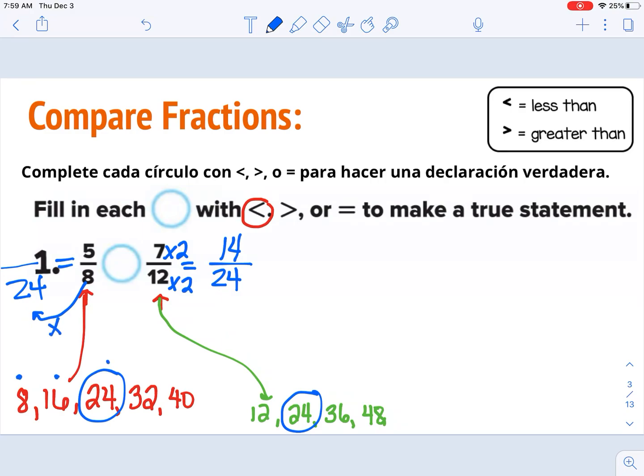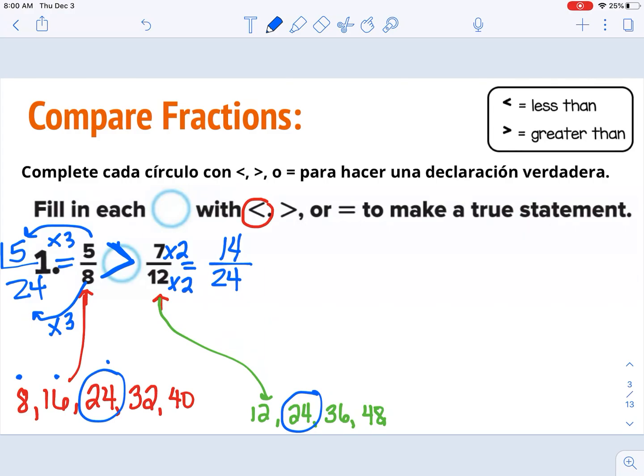That's a times 3. And I'll do the same thing to the top. 5 times 3 is 15. So if I look at my numerators, I have a 15 and I have a 14. And I know that 15 is bigger than 14. So this one on the left is greater than the one on the right.